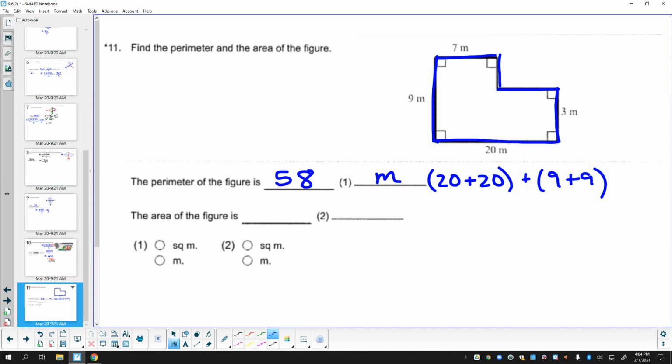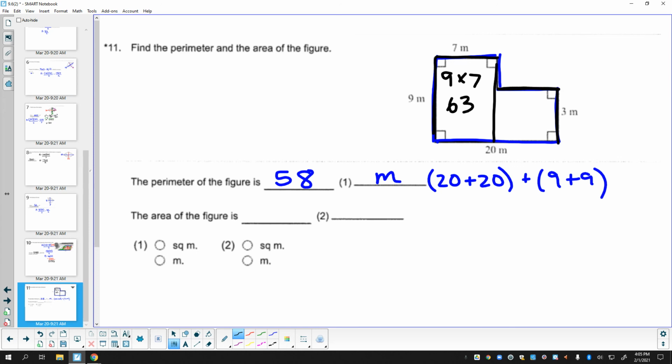Okay. Now, I'm also going to try to figure out what the area is, which means we're going to divide this in two parts. I'm just going to cut it in half right here. I can figure out what the area of this is by multiplying 9 and 7. I can take 9 times 7 and get 63. Okay, and then I can figure out this area on this side. So I know the 3, but I don't know this one right here at the top.